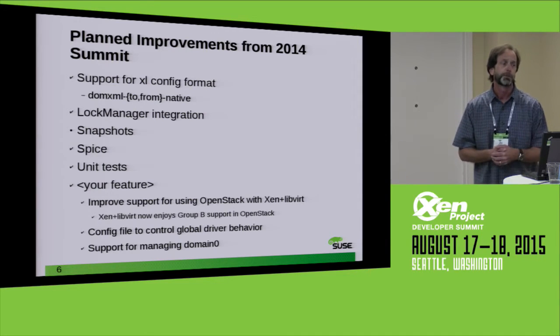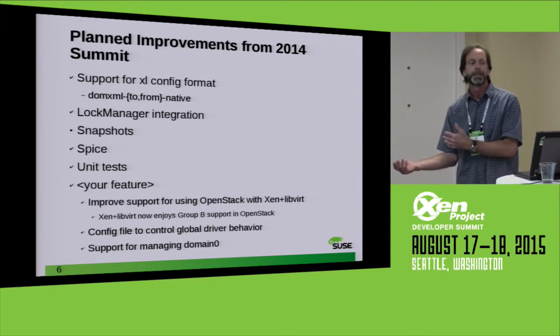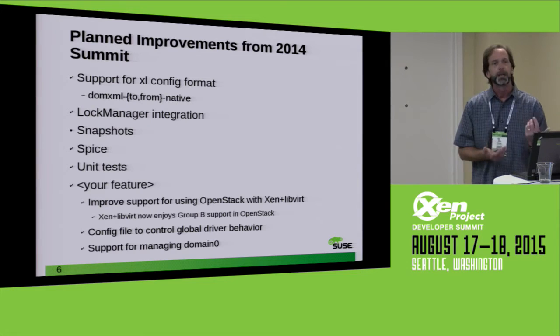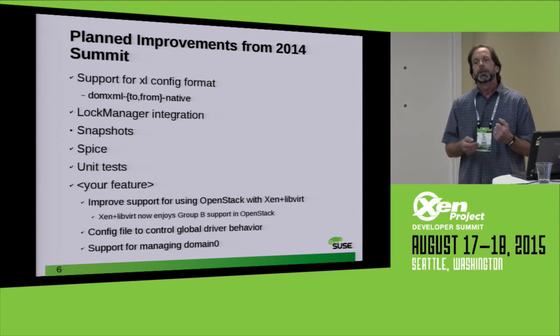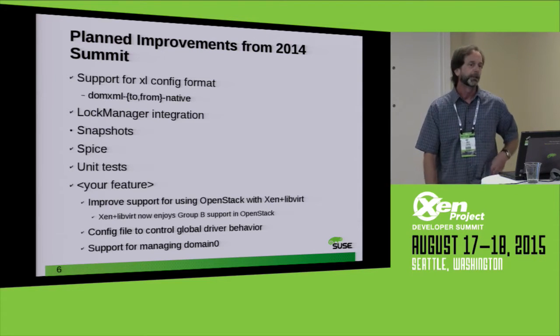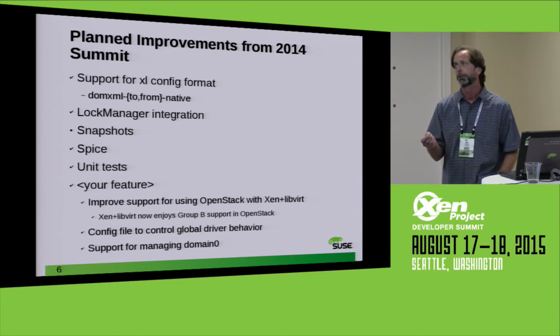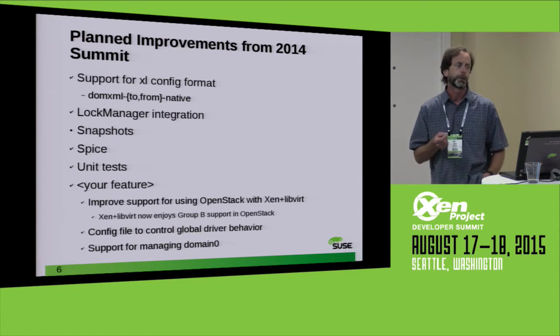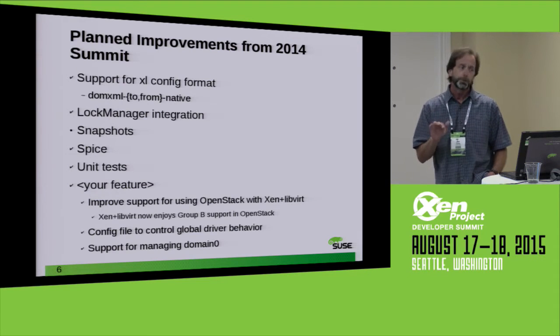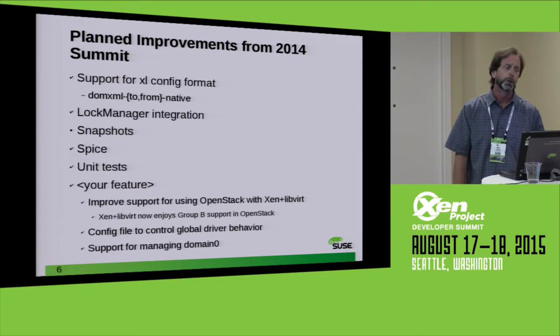Starting at the top, we didn't have support for converting XL config format to Libvirt domain XML. We kind of relied on the fact that XM configuration format could be eaten by a Libxl stack. There's a few things that aren't compatible, like in XM you could have embedded Python in your configuration, which isn't supported in XL, but for the most part the two formats are compatible and interchangeable.